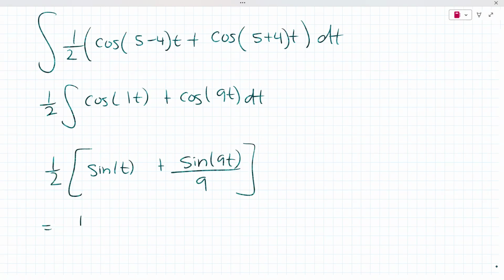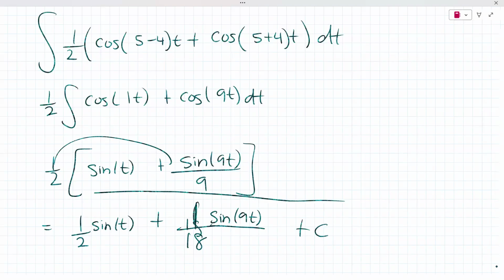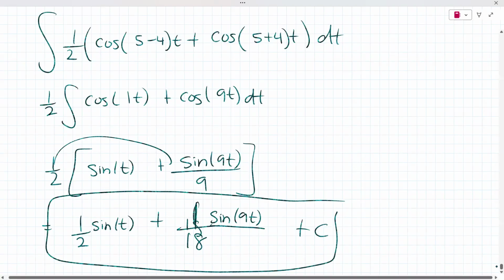So this is going to be 1/2 sin of t plus 1/9 sin of 9t, and distributing this 1/2, this would be 1/18 sin of 9t. So yeah, that's the last example, and then we'll stop right here.